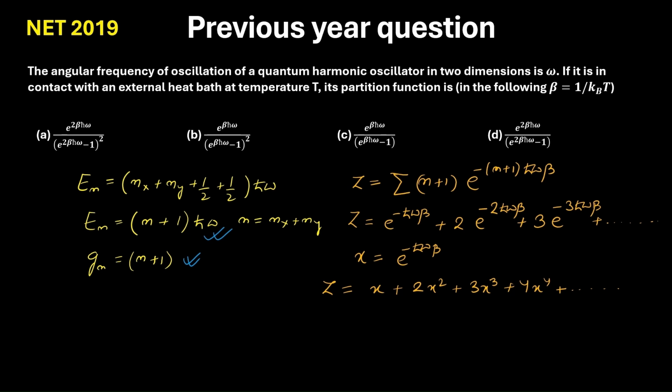There are many ways to solve this series, and you can refer to any standard textbook. The sum of this series is given by x divided by (1 minus x) whole squared. So if we substitute x, we have e to the power minus h bar omega beta divided by (1 minus e to the power minus h bar omega beta) whole squared. So option B is the correct answer.